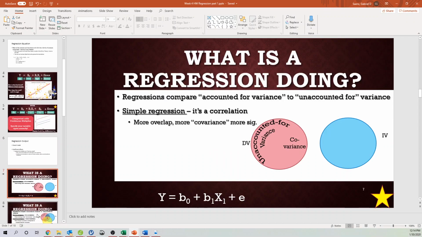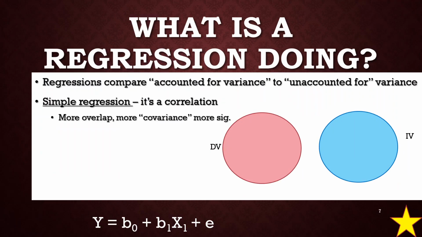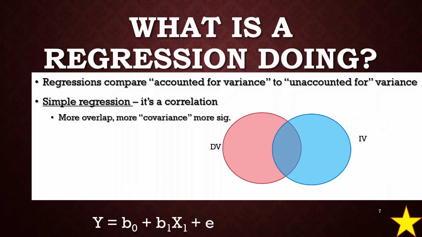Okay, so what is a regression actually doing? Well, when you run a correlation, you know that what's going on is you're seeing how much overlap in variance there is between your independent and your dependent variable. So when you look at these data, this is kind of what a correlation looks like.